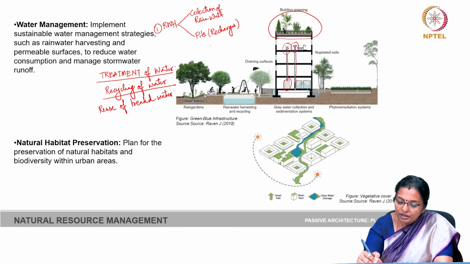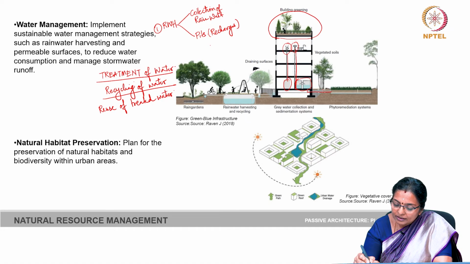There is grey water which comes from the wash basin and the bathroom, which again is collected and treated, and this water goes for watering the plants and trees and all that.